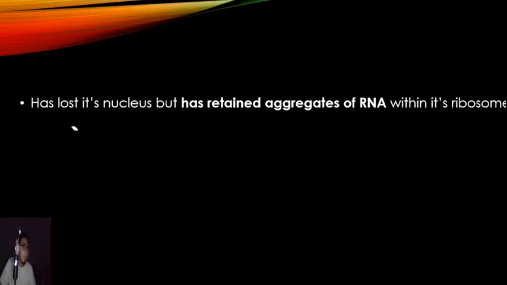All right, so it has lost its nucleus, but it has retained aggregates of RNA in the sample. Okay, so nucleated RBCs are not one of them. They may be seen on the same slide or same sample, but they are not the same, okay? So please be mindful of that. Ask yourself the question, what is a reticulocyte? Is it a polychromatophilic normocyte or normoblast?